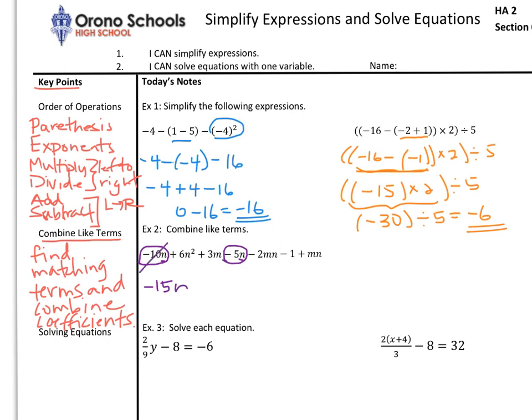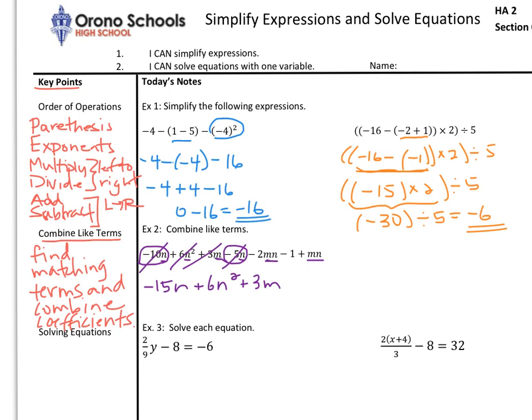What I'm going to do is cross them off and then move on to the next type of term. I notice the next term is n squared. And that's the only term in that expression that has an n squared. That will stay as is. I see we have a 3m, but there's no other plain m term. I'll write that as 3m. Then I have mn and another mn.